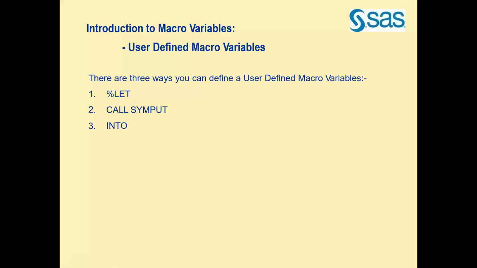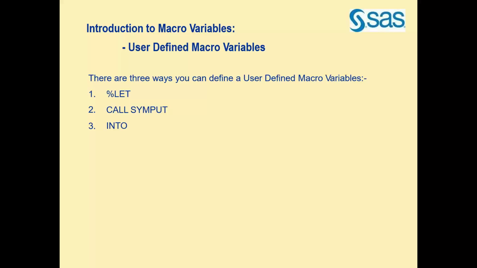Alright, so let's understand how we can define a macro variable. The macro variables which I have just used are the system macro variables, right?